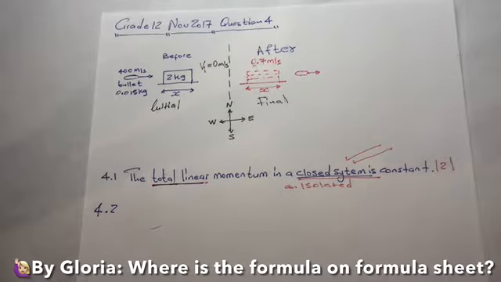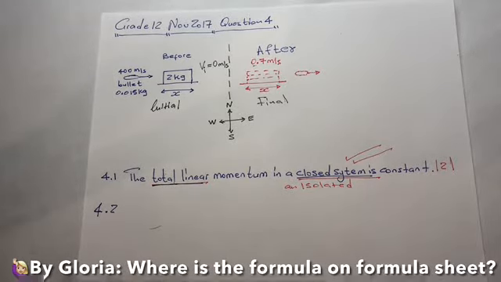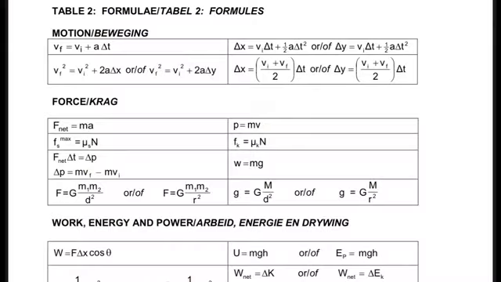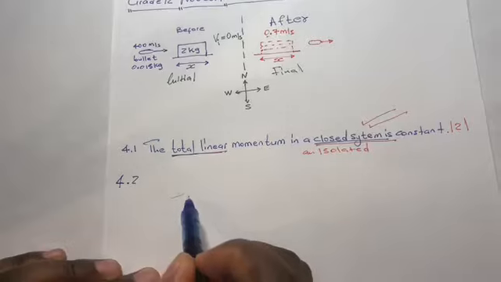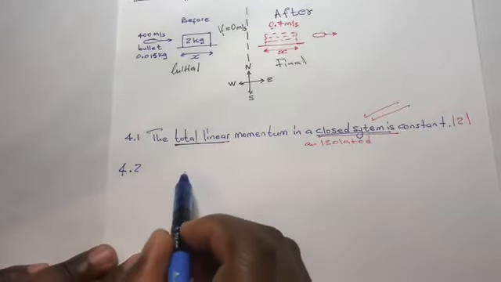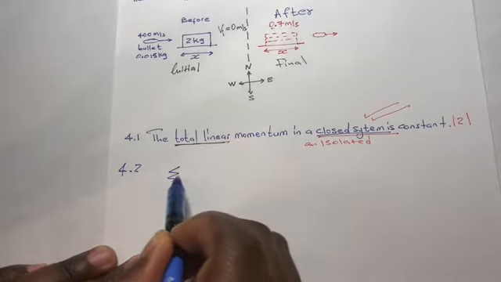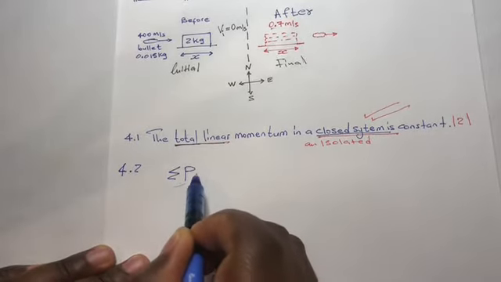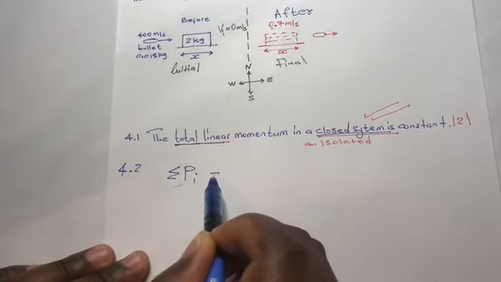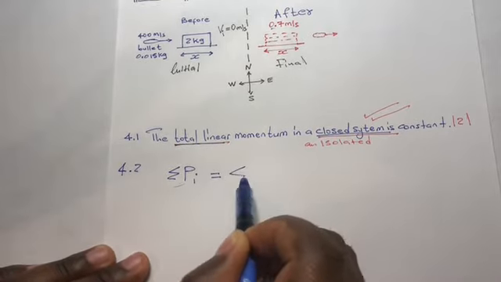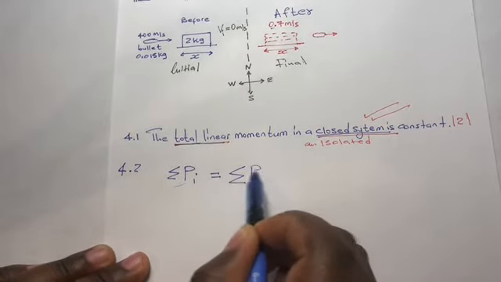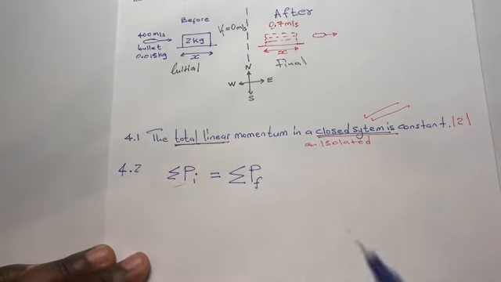I think this is a straightforward question, guys. Obviously, you know the formula for calculating momentum, so I'll just write it down. The sum of momentum initial equals the sum of momentum final.